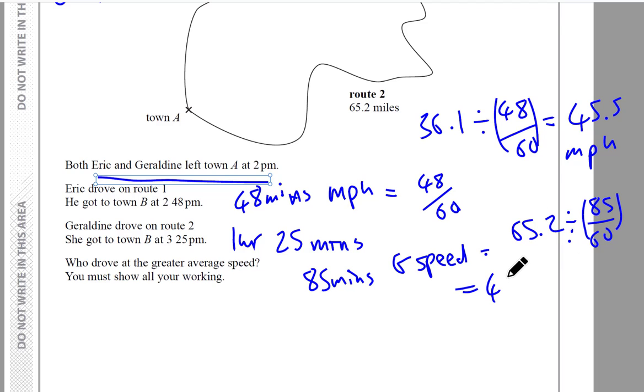That's going to equal 46.0235 and so forth.